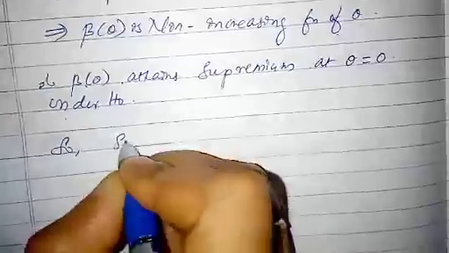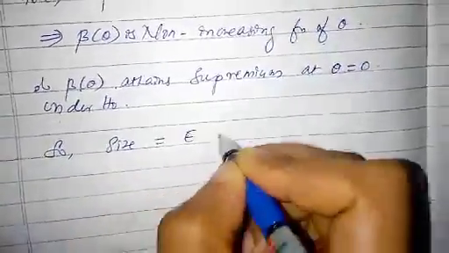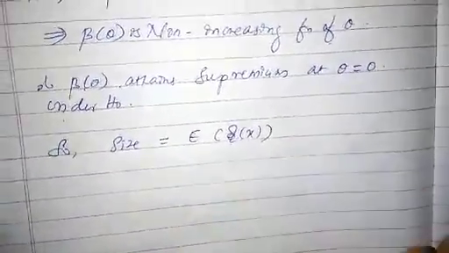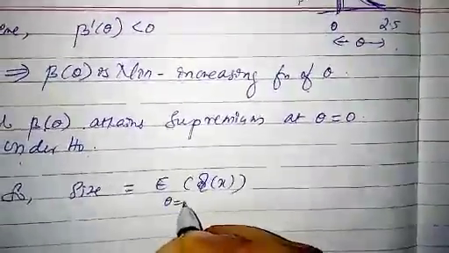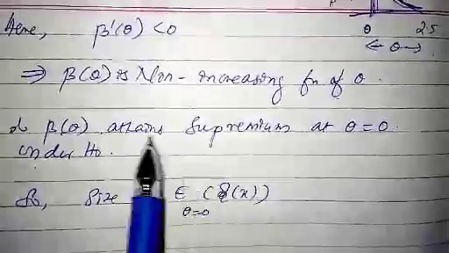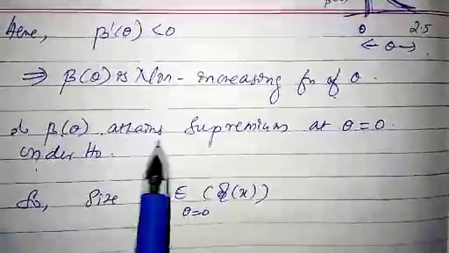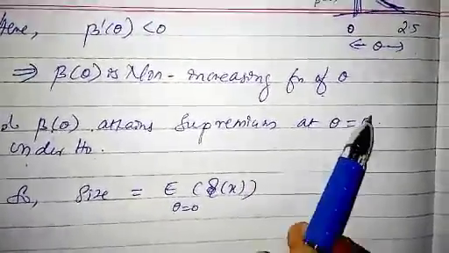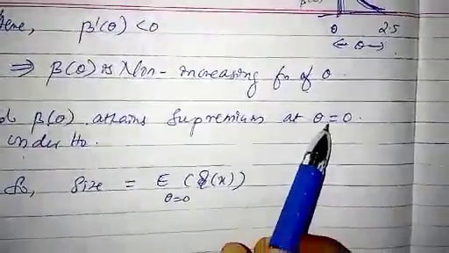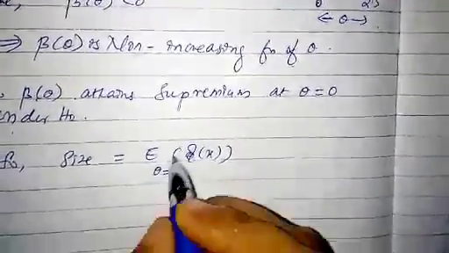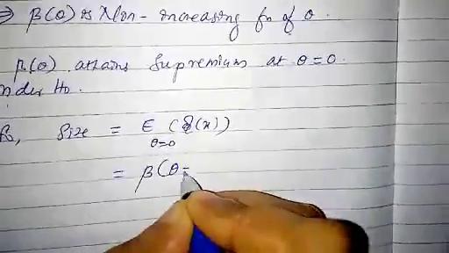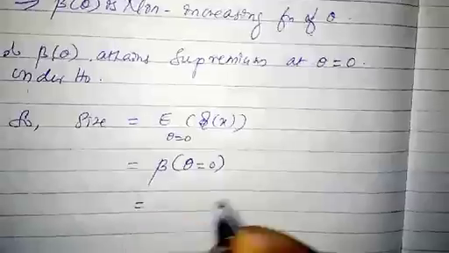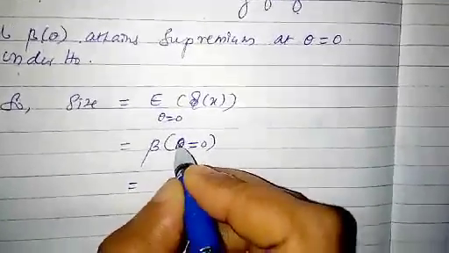So the size is equal to the expectation of phi of x under theta equal to 0, right? Here beta of theta attains supremum at theta equal to 0, then we can take theta equal to 0, which is beta of theta at theta equal to 0.